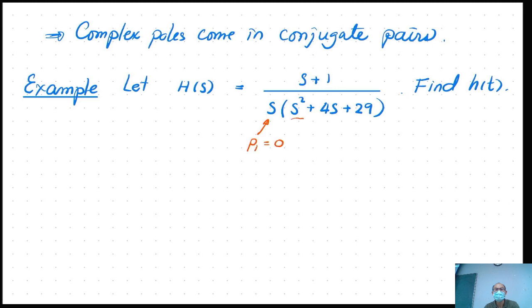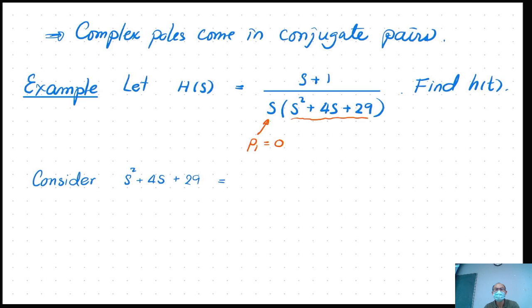Now, we need to consider this term, s squared plus 4s plus 29. We do the decomposition.